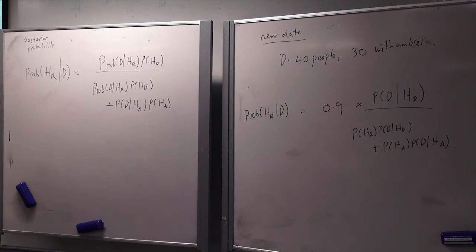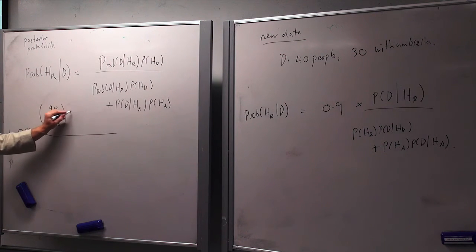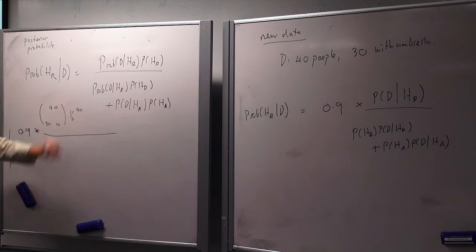Let's just try it. It's 0.9 times the probability of the data given that I was right, which is 40 choose 30 and 10 times a half to the power 40.